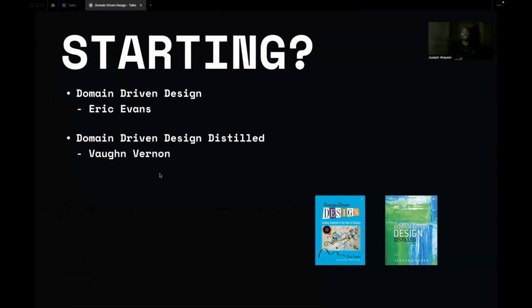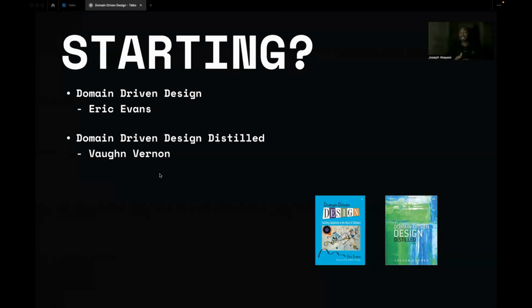And so if you want to start, you can definitely pick up these two books: Domain-Driven Design by Eric Evans, which is sort of the inception of where domain-driven design comes from, really. Or you can read a smaller version, Domain-Driven Design Distilled by Vaughn Vernon. It's an interesting read.